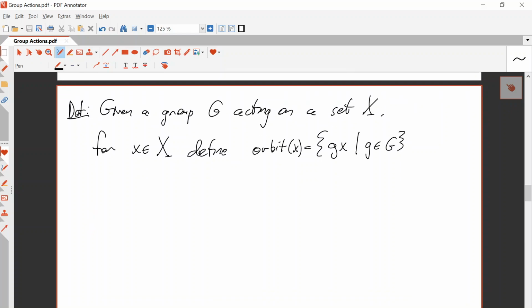All right. Some facts. One, x itself is an element of orbit x.